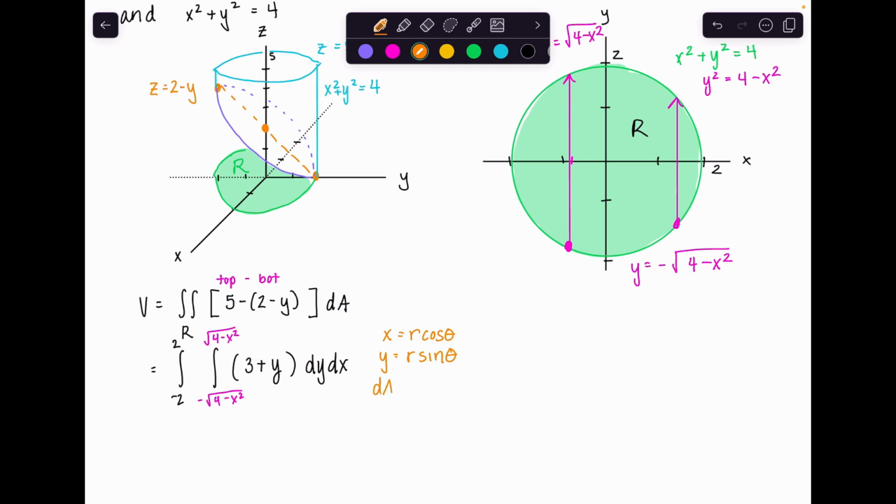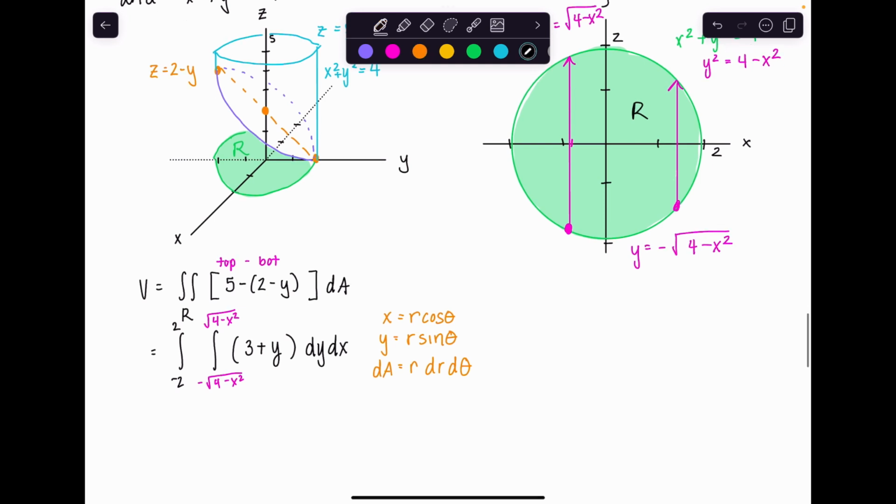And then I need to remember when I switch over dA, it's going to introduce an extra r value. I'm going to worry about the bounds in a second. 3 doesn't change, but y gets replaced by r sine theta, and then dy dx becomes r dr d theta.